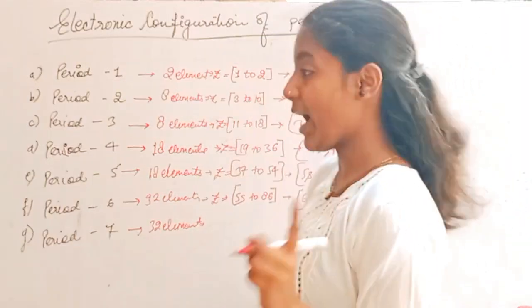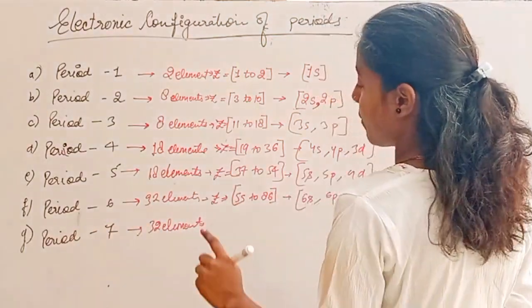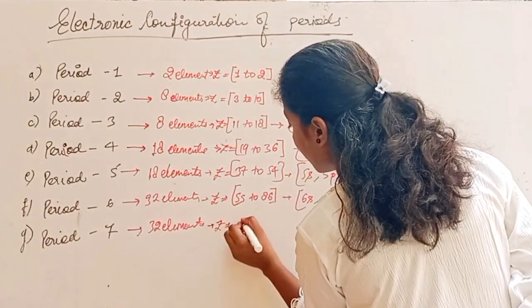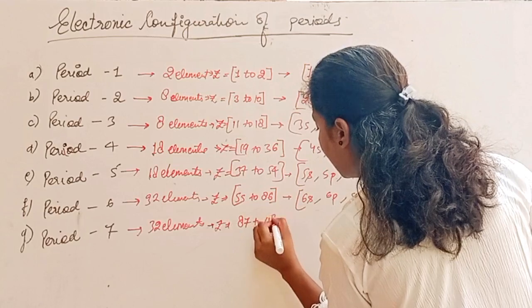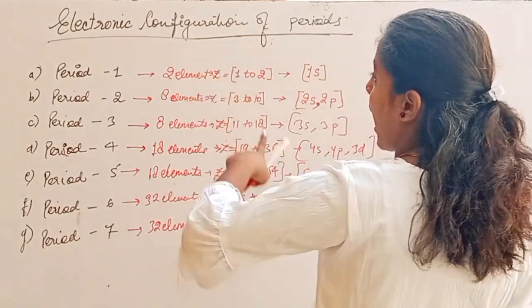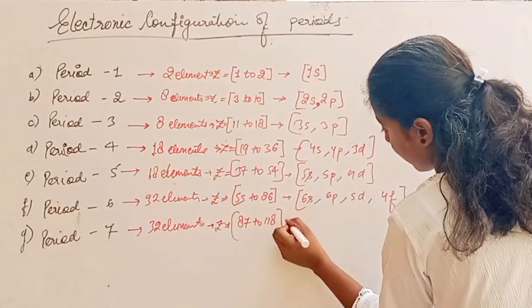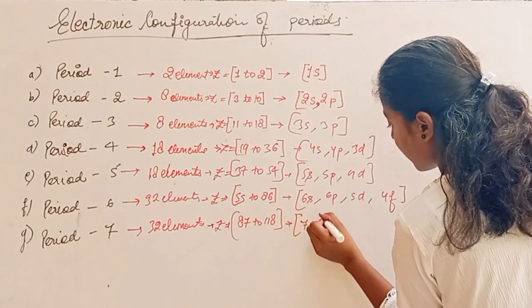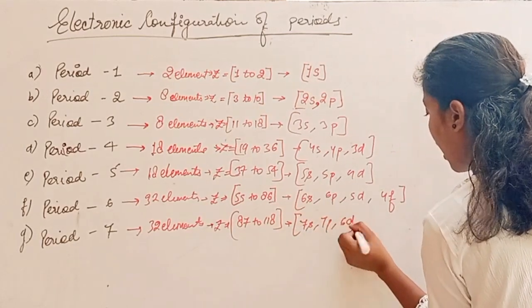Clear? Now moving ahead, in the 32 elements of period number 7, where Z is equal to 87 to 118, here enter all the remaining elements in the periodic table and it gives you the electronic configuration as 7s, 7p, 6d, and 5f.